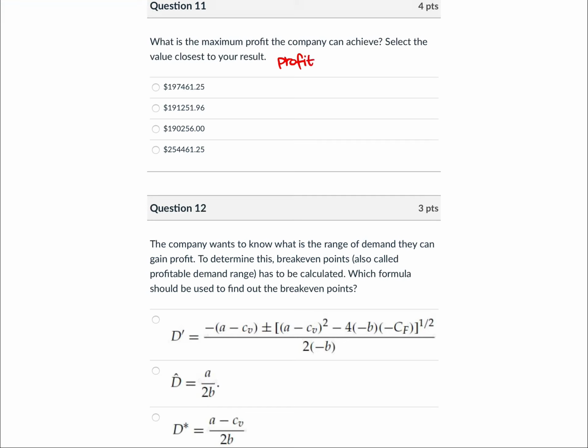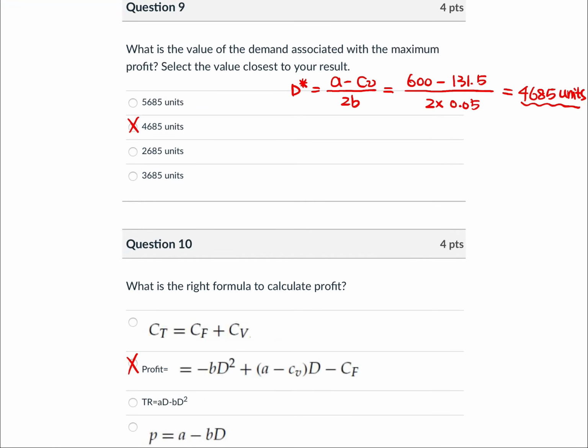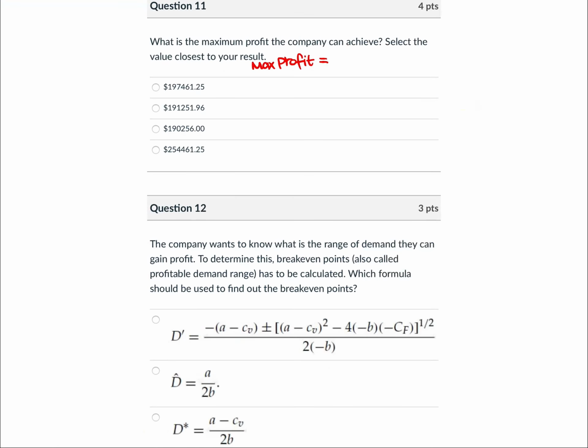Your profit, if we want maximum profit, is minus B, D, but you want to use D star to the power of 2, plus A minus C lowercase v times D star. Just replace the D with the D star. And minus C capital F.